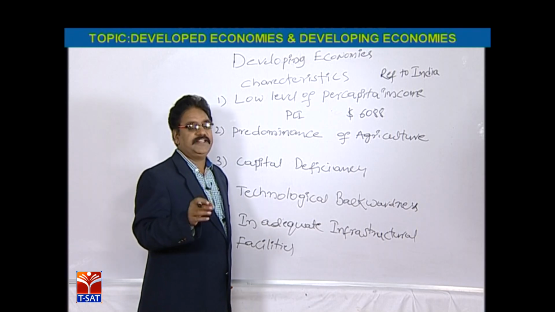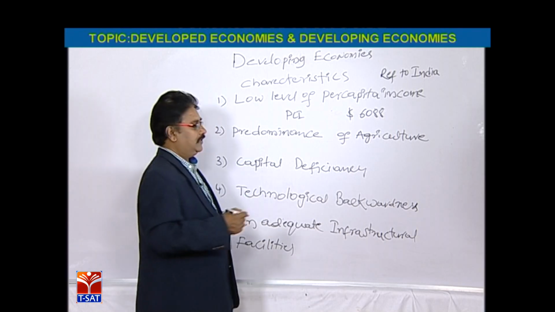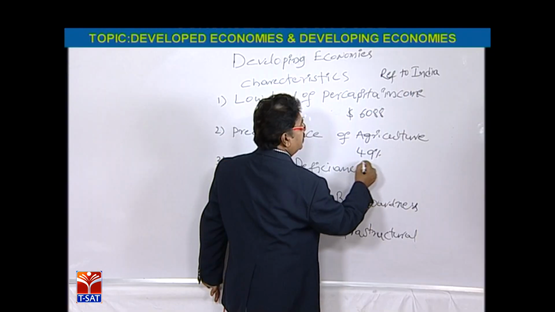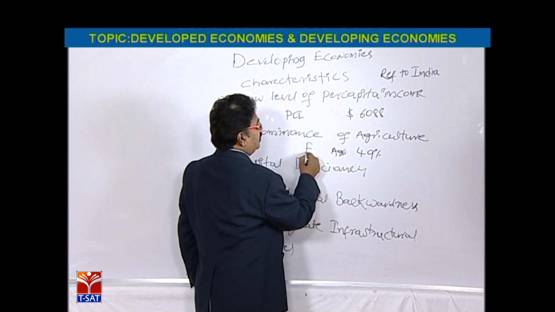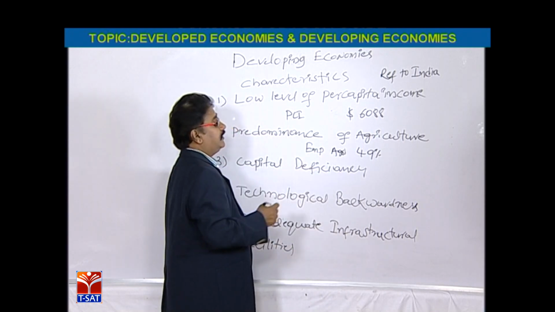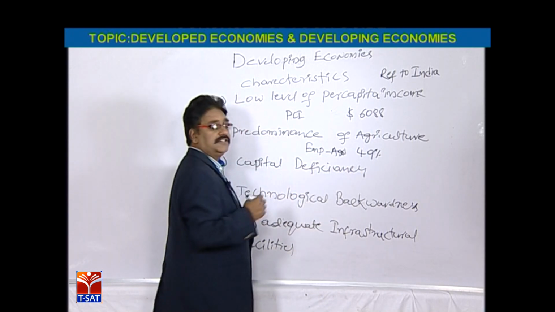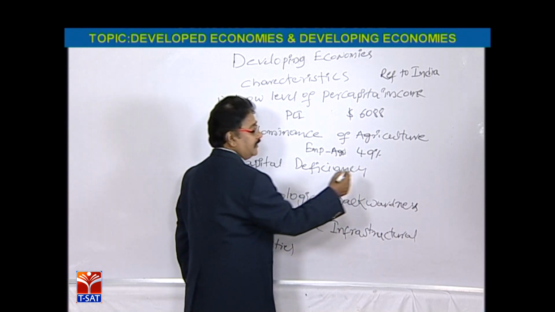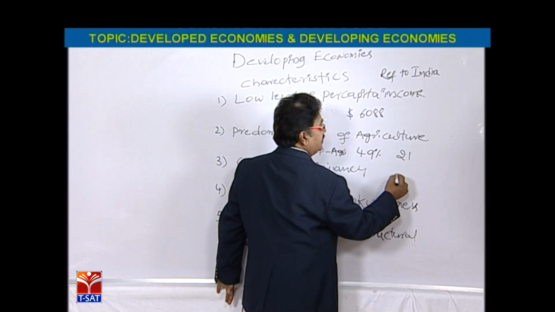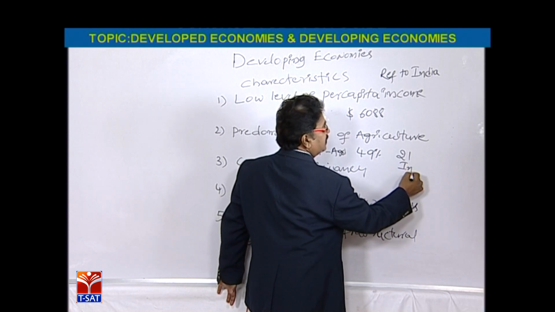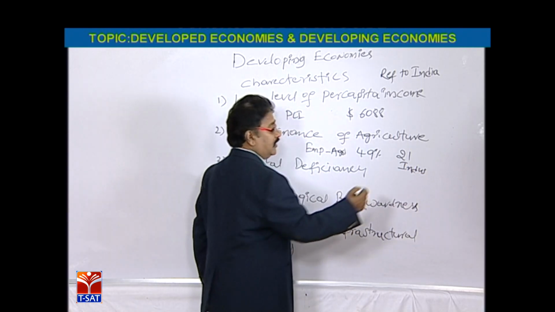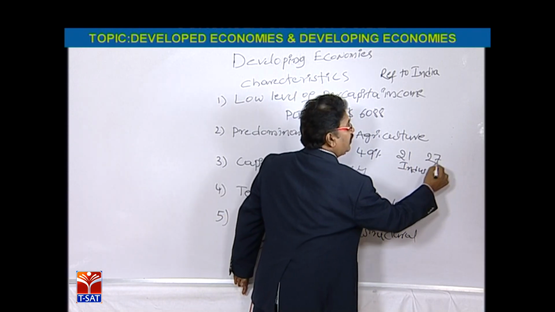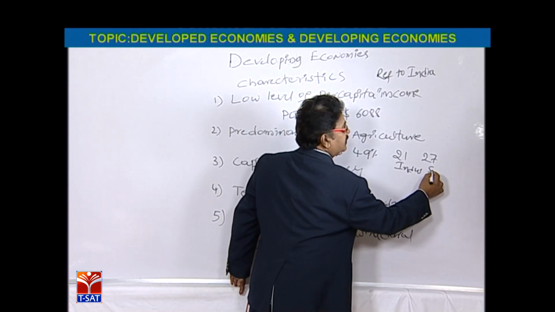Now, the latest information available to us is that 49% of employment is created by the agriculture sector, 21% by the industrial sector, and 27% of the employment is created by the service sector.